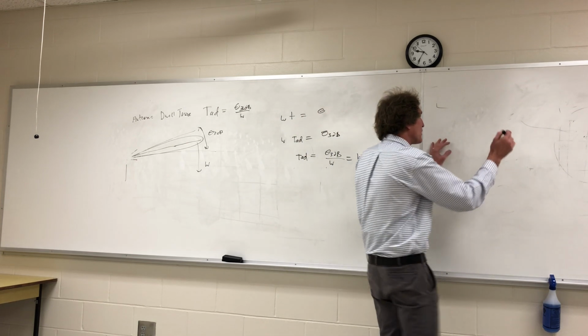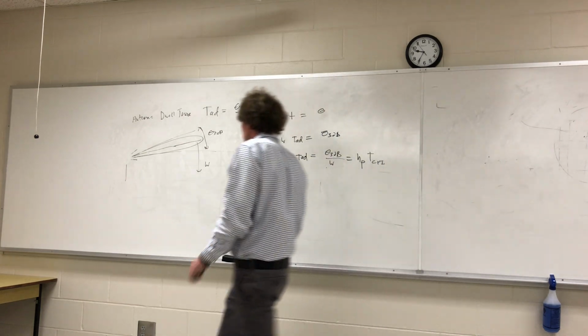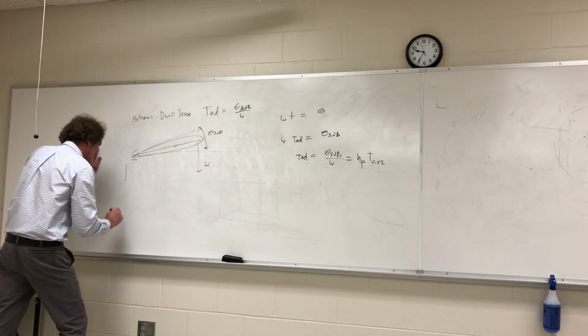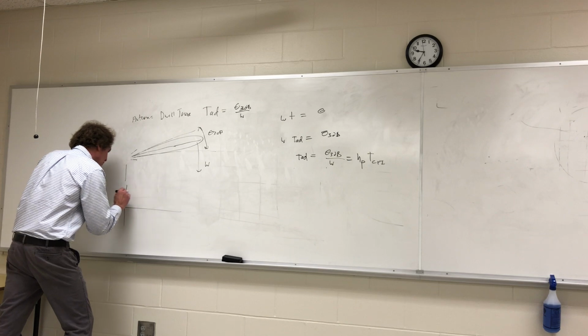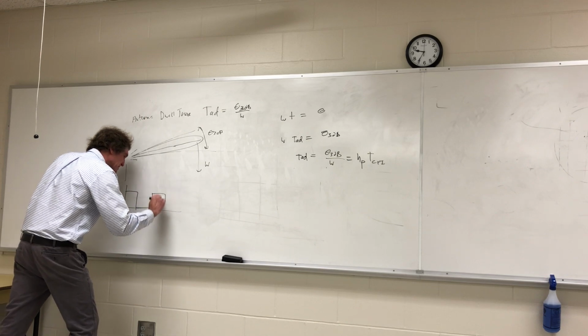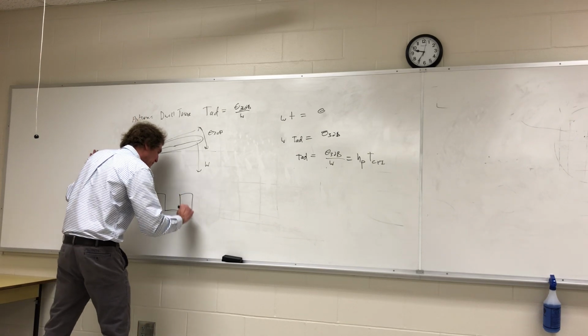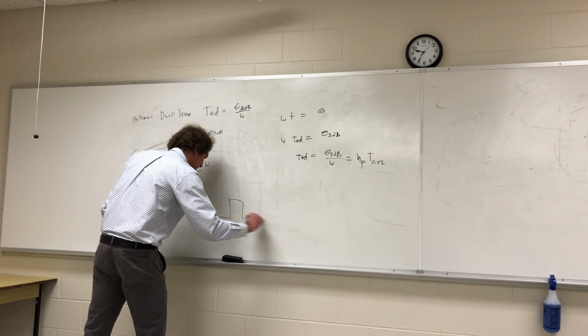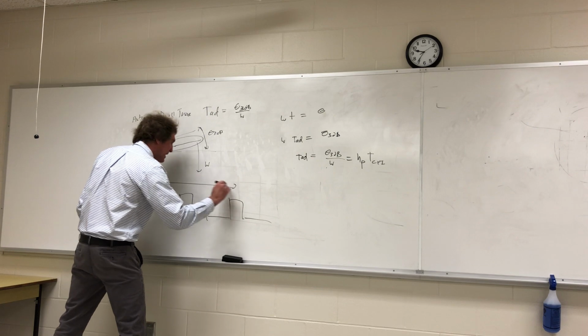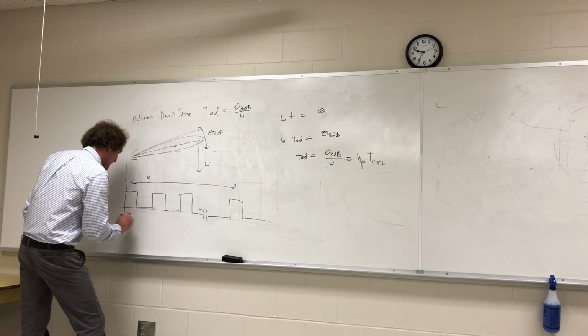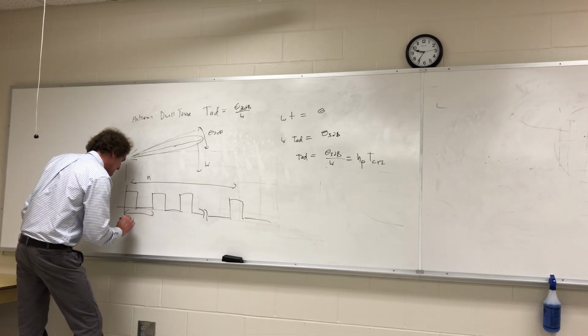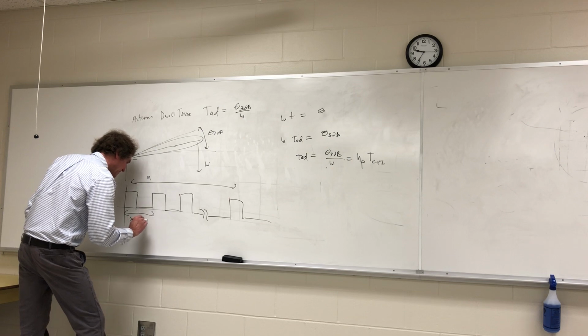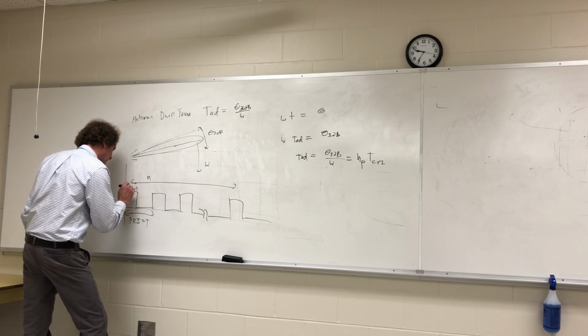Remember before I told you, and in your reading you probably saw this, that in general, when we take a look at a radar, it's going to send a whole train of pulses, as such. And we're going to have n pulses. This is the pulse repetition interval, or T, and this is the period tau.